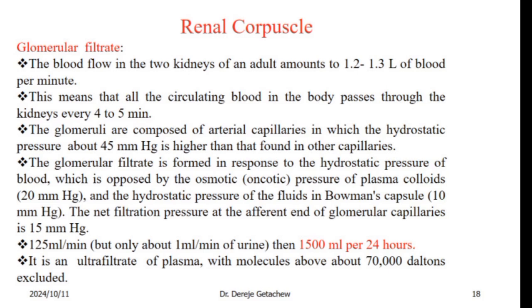But this pressure is opposed by the osmotic pressure of the plasma colloids and also the hydrostatic pressure of the fluid in Bowman's capsule, the already filtered fluid. Thus the Bowman's capsule also opposes this process of filtration, and the net filtration pressure at the afferent end of the glomerular capillaries is calculated as 45 minus 20 minus 10. Then we get 15 mm of mercury.